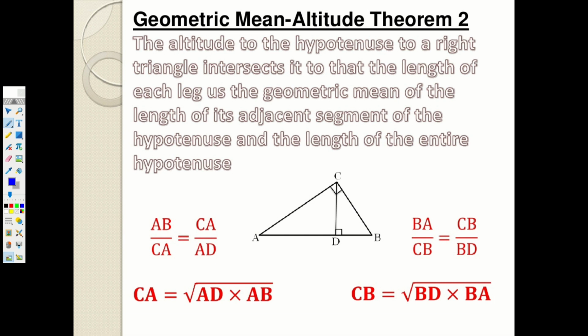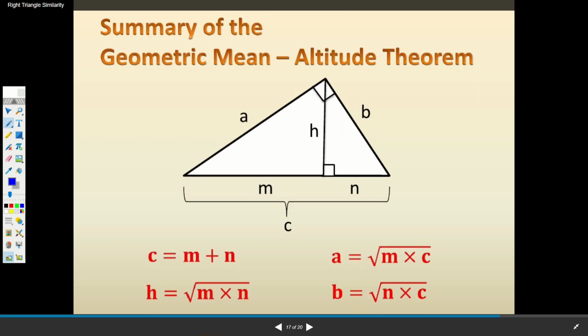So let's try to solve geometric mean altitude theorem 2. I have here the summary of the geometric mean altitude theorems. Suppose we're going to solve for c. Okay, to solve for c, we simply add the segments of the hypotenuse. We have m plus n. If we're going to solve for the altitude, which is h, we simply remember this.